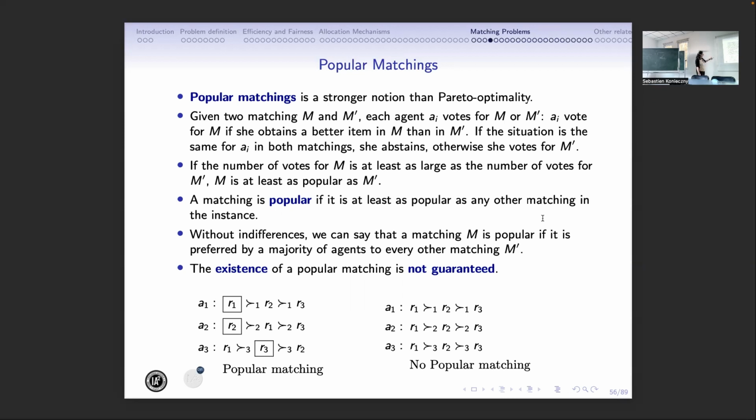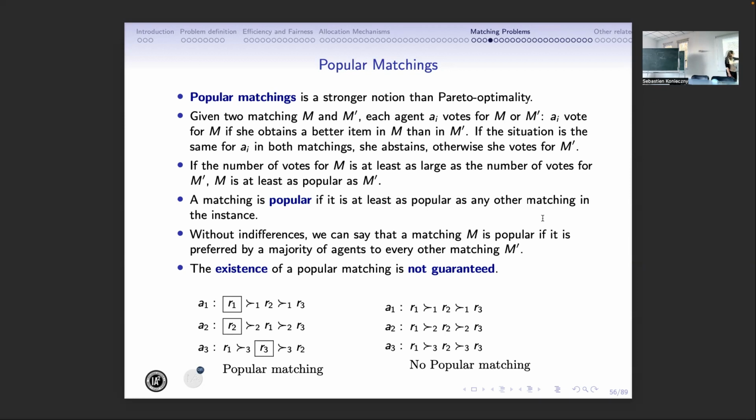So this is a popular matching, but if all the agents have the same preferences, there is no popular matching because you have to give the first resource to one agent, who will agree on this matching.